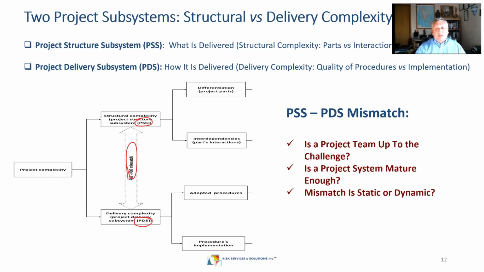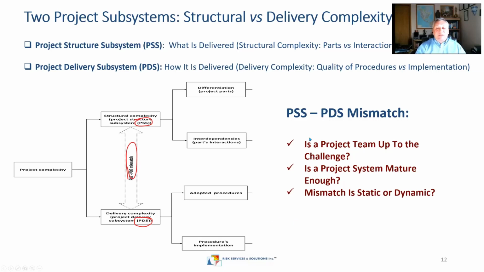It's about bias, it's the same topic. So there might be a mismatch between PDS and PSS, as shown here, right? And we have differentiation of project parts angle. We have interdependencies of parts, or parts interactions. And here, in terms of PDS or delivery, adapted procedures and procedure implementations. There is a right part of that chart that shows all the details, but I cut it off for simplicity purposes. You can read it in my book if you are interested.